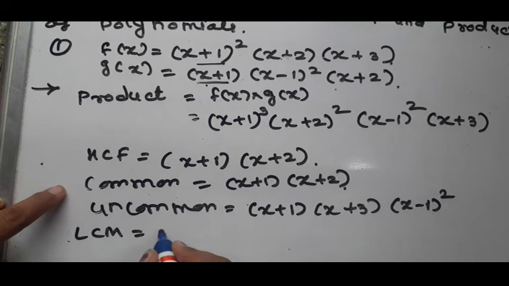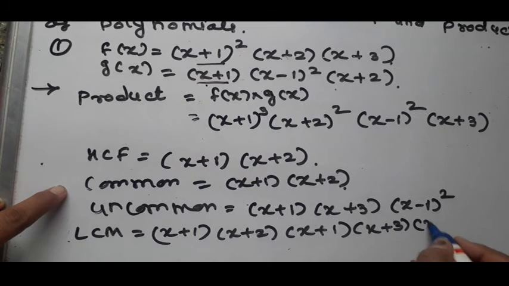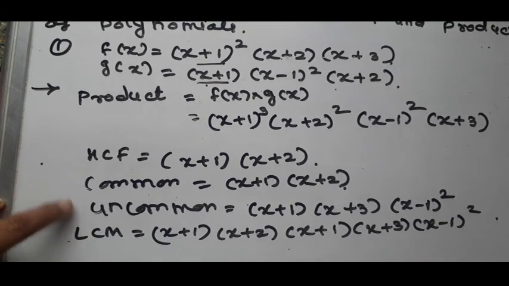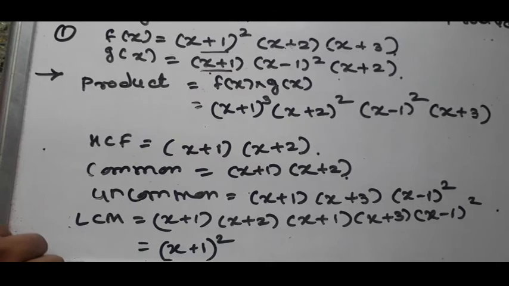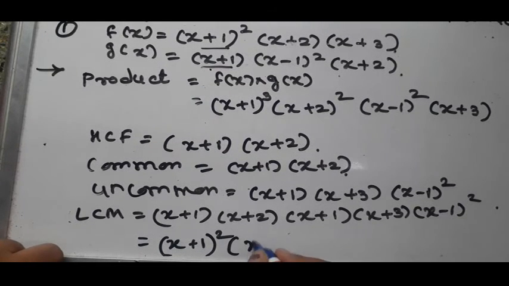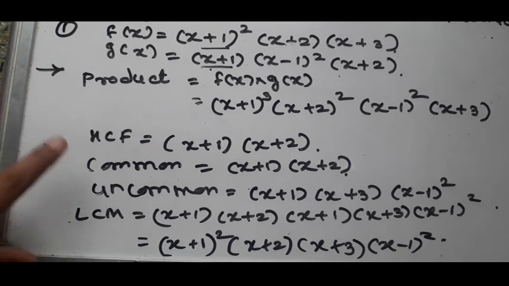That is equal to x plus 1 into x plus 2 into x plus 1 into x plus 3 into x minus 1 square. Okay. So that will become x plus 1 square multiplied by x plus 2 multiplied by x plus 3 multiplied by x minus 1 square. This is your LCM and HCF.